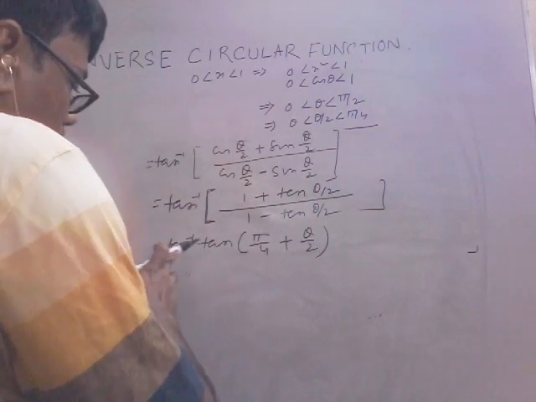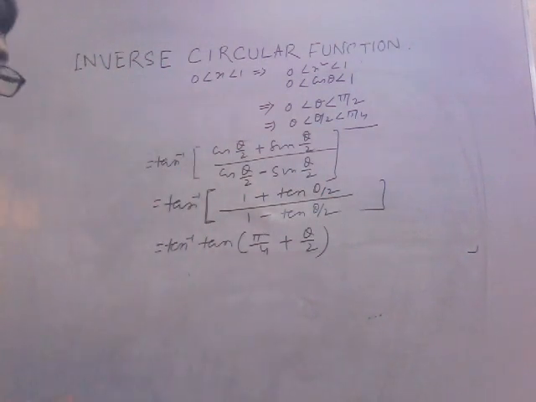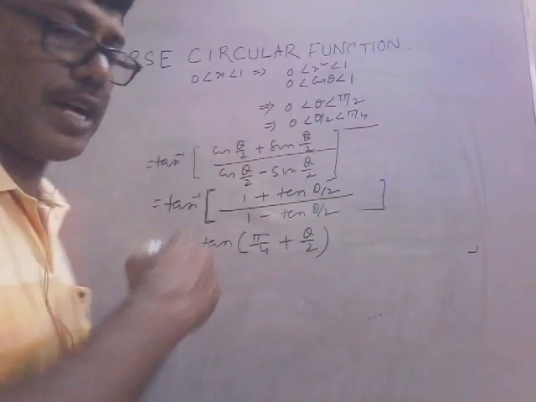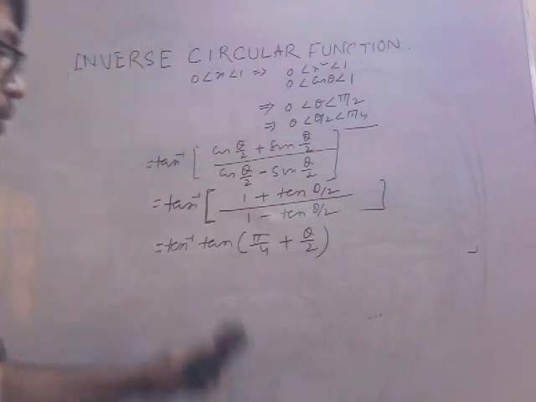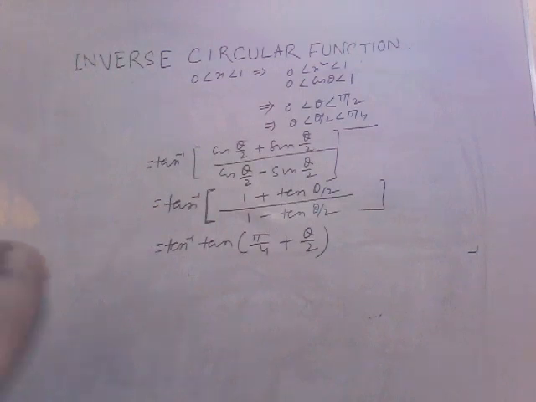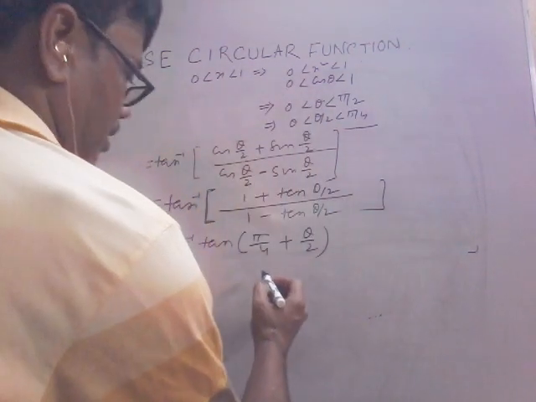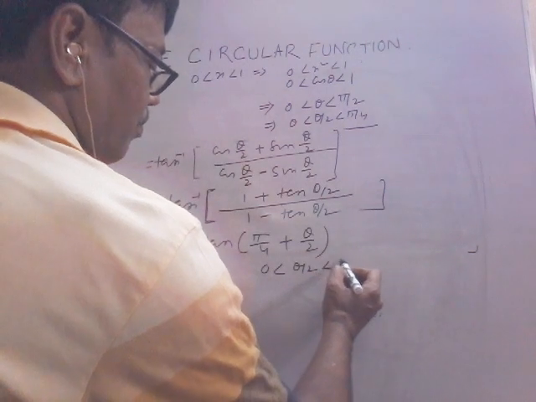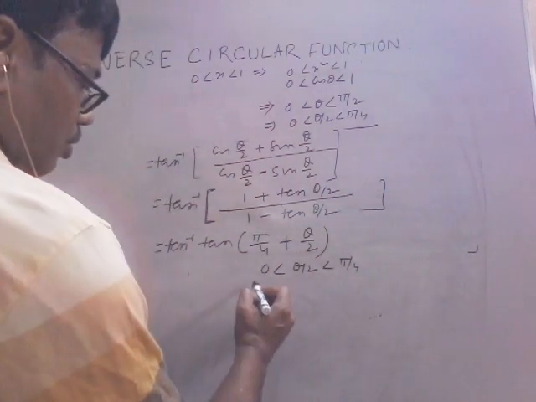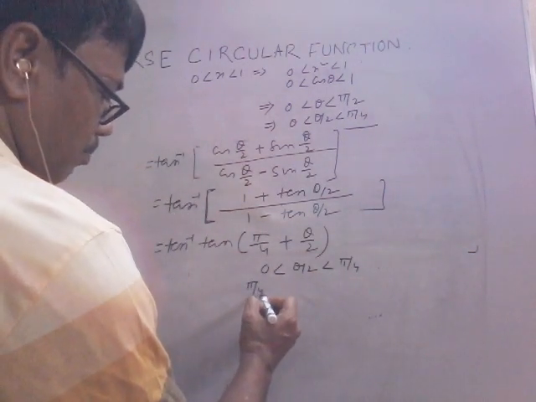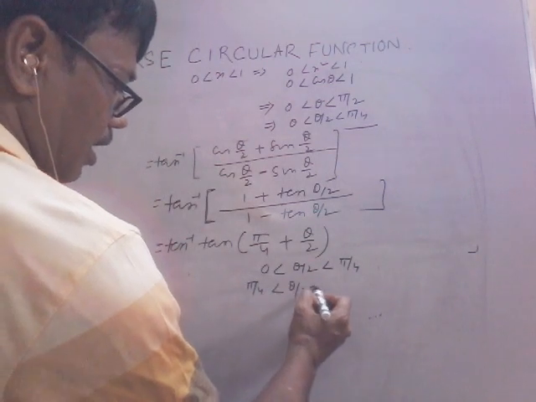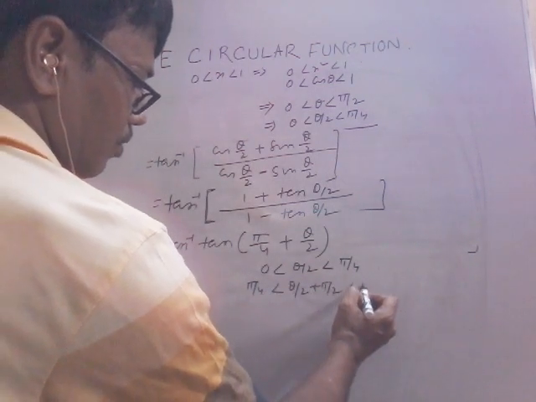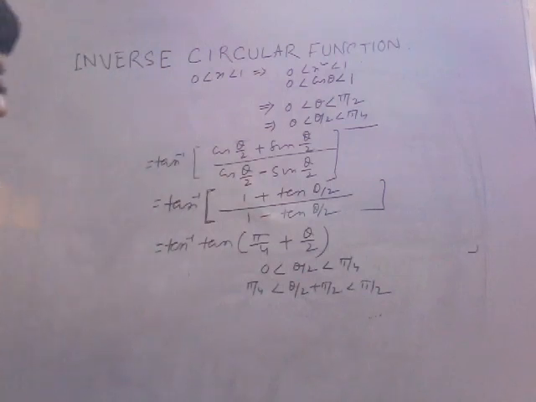Now tan inverse tan x equals x if x belongs to the principal value. Here it is given 0 less than theta by 2 less than pi by 4. So add pi by 4, this is pi by 2.